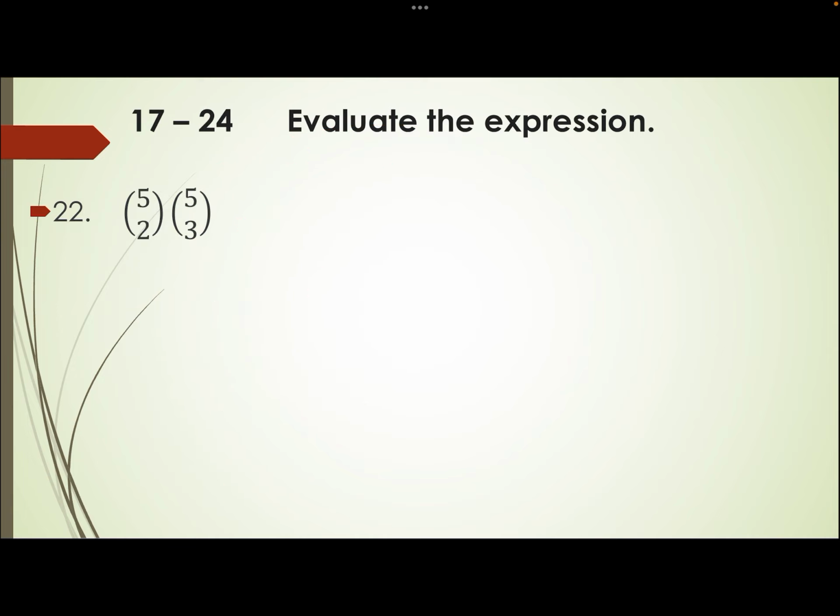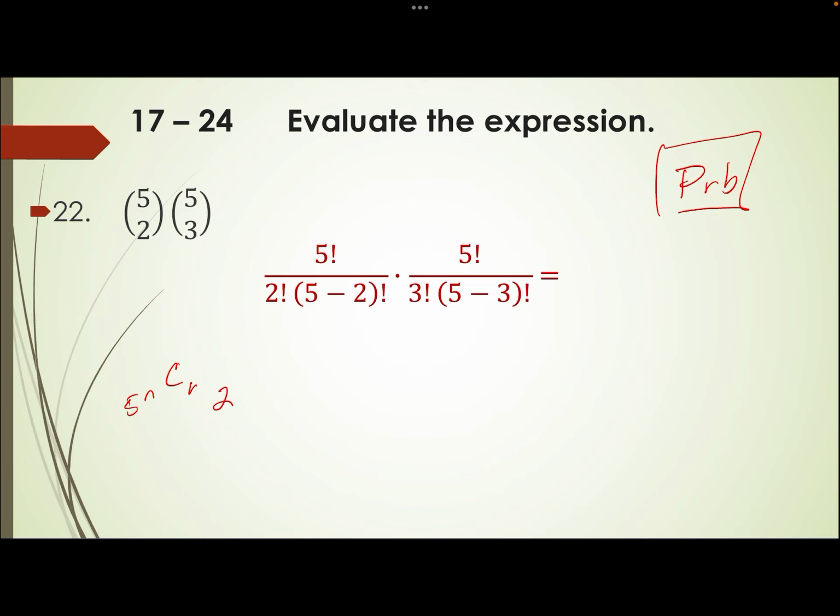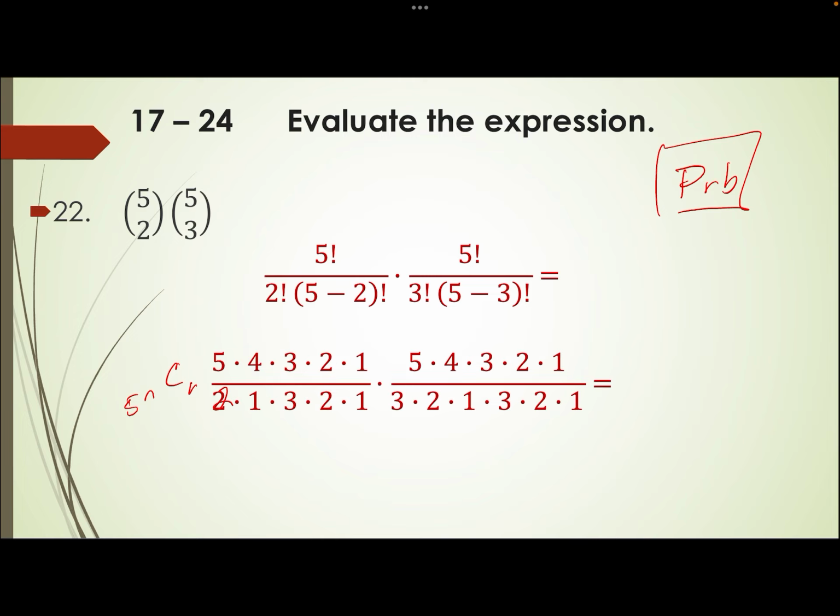Okay? So when you do 5, 2, you would do 5 NCR 2. Remember, the NCR button is in your probability menu on your calculator. So 5, 2, do it the long way, is 10. Or you could look at Pascal's triangle.